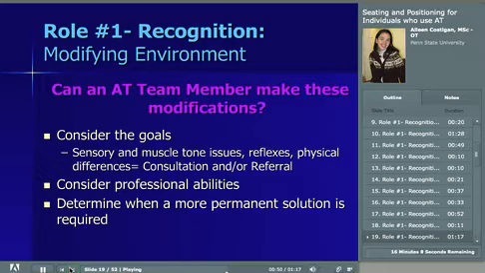Whenever you feel outside your comfort zone, consult an occupational or physical therapist. Even if a small environmental modification, such as propping with a pillow, is effective and safe, the assistive technology team member should consider whether or not a more permanent solution will be required. If the issue causing the modification is likely to be long-term, then consult an occupational or physical therapist.